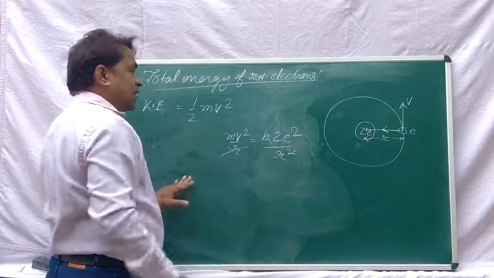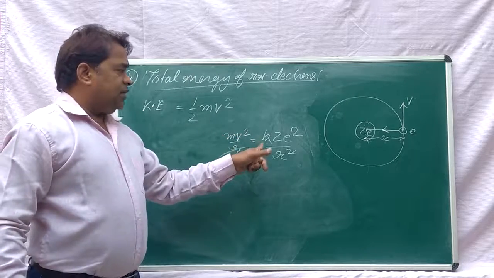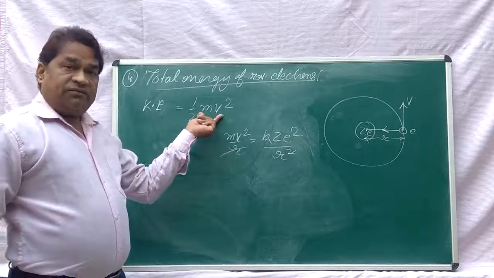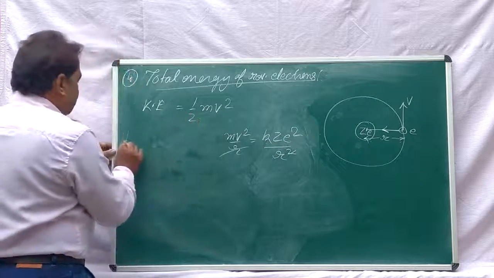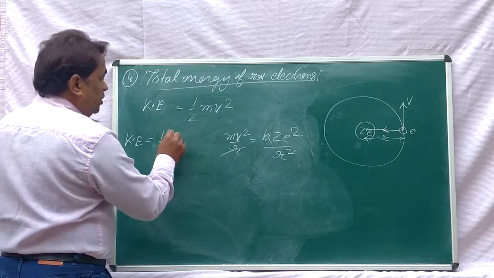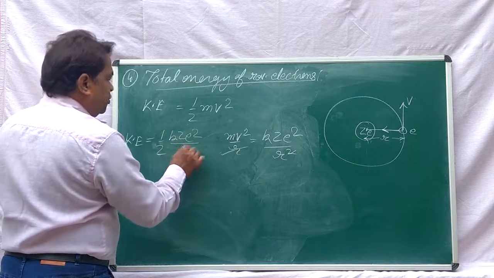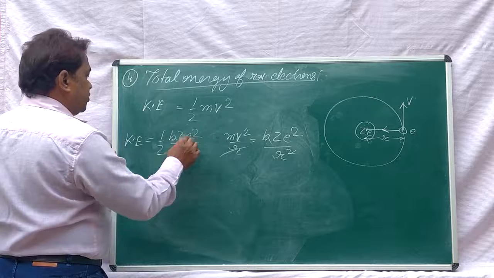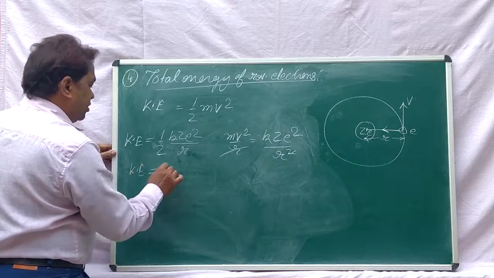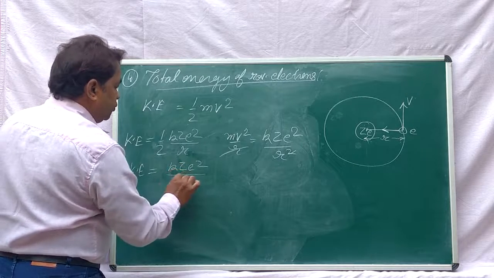So if r is cancelled, the value of mv square is equal to k z e square upon r. Putting the value of mv square here, kinetic energy will be half k z e square upon r. The final expression is kinetic energy is equal to k z e square by 2r.